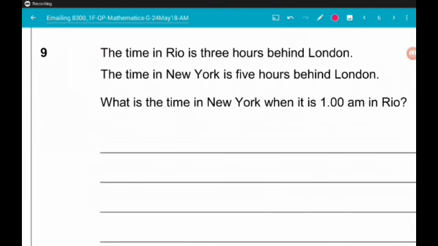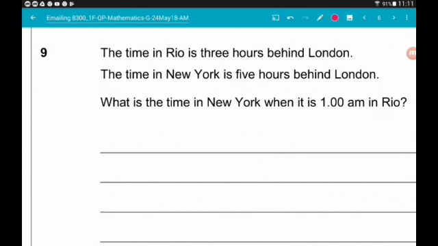Question 9. The time in Rio is 3 hours behind London. The time in New York is 5 hours behind London. We are asked, what is the time in New York when it is 1 AM in Rio?